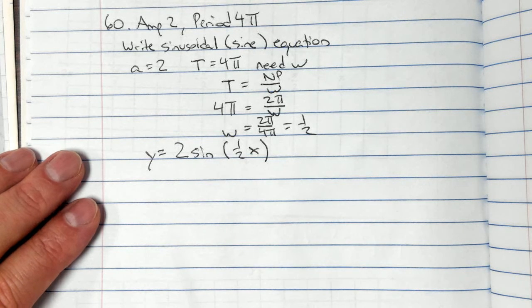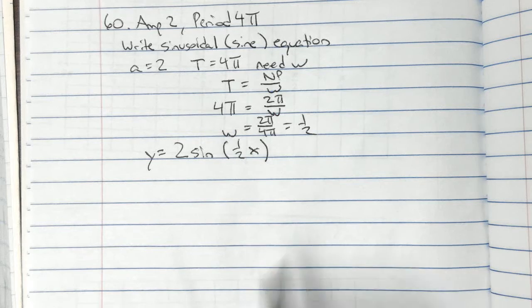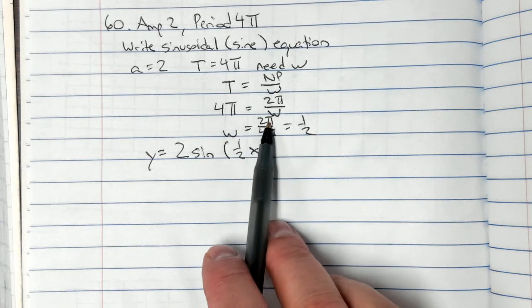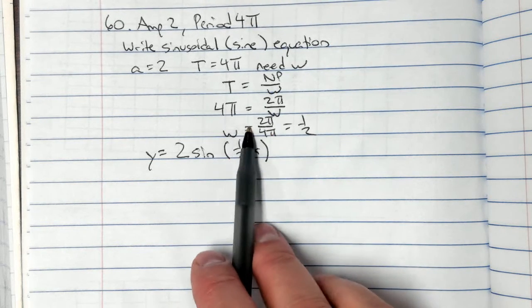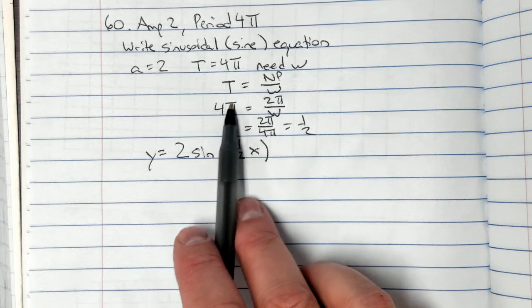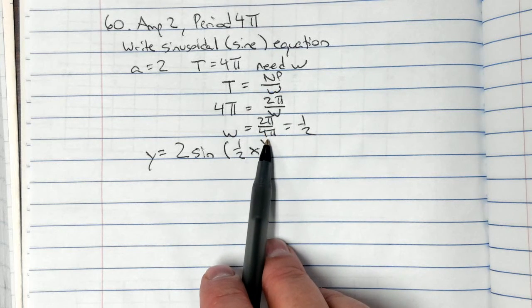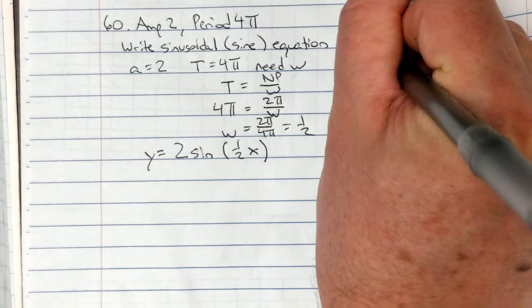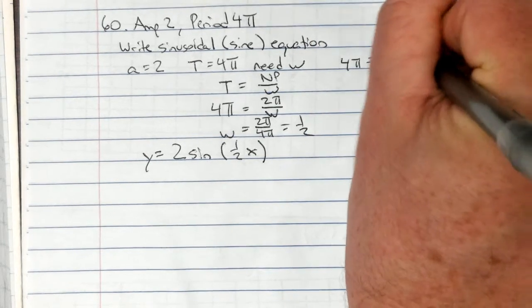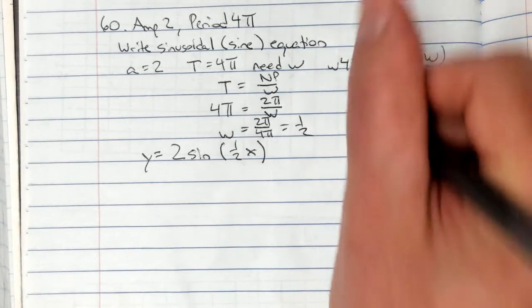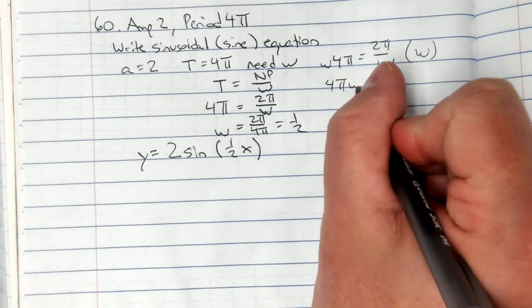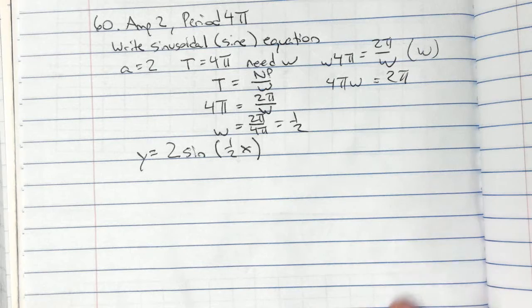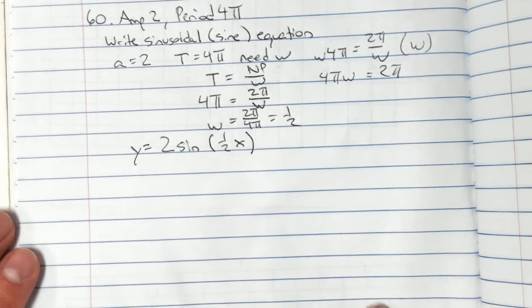Like, don't skip multiplying. Well, I did the 2 pi divided by 4 pi because I multiplied by w and I divided by 4 pi. Oh, okay. So here 4 pi equal 2 pi divided by w. Multiply by w, so you get 4 pi w equal 2 pi. Does that make more sense?